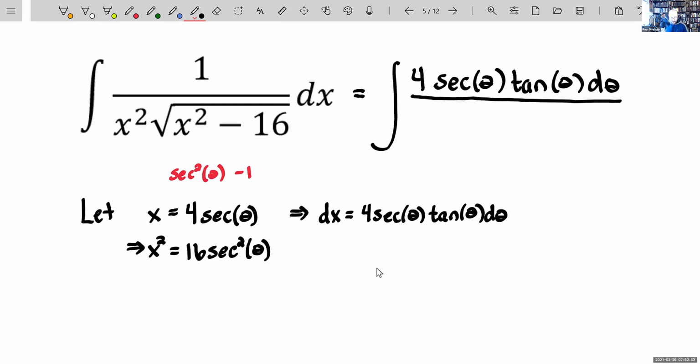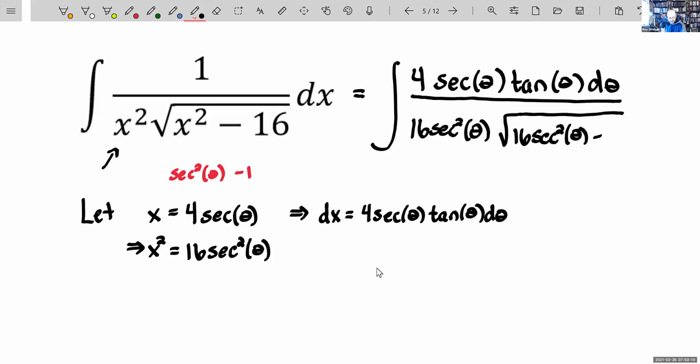Downstairs, we have an x squared. Well, we know what x squared is. It's 16 times secant squared of theta. And then we have the square root of x squared minus 16. That's the square root of 16 secant squared of theta minus 16.